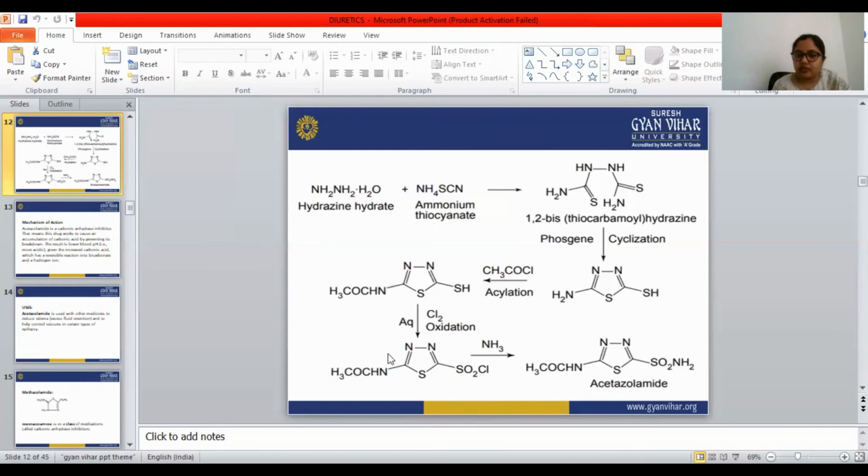After that this product goes through the alkylation process, and the remaining portion stays the same. HCl is removed from here and NH2 comes here, attached with this SO2, and this is the structure of acetazolamide. So this is the way we can synthesize the acetazolamide drug, and this is a very important portion of diuretics.